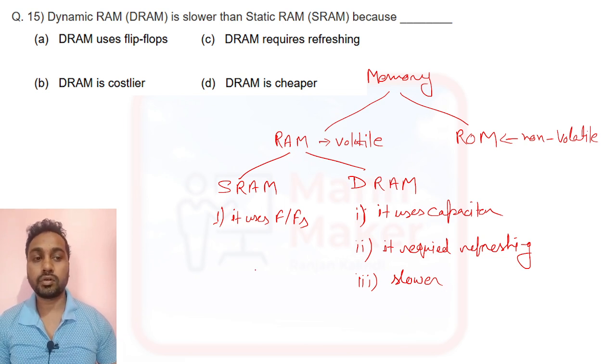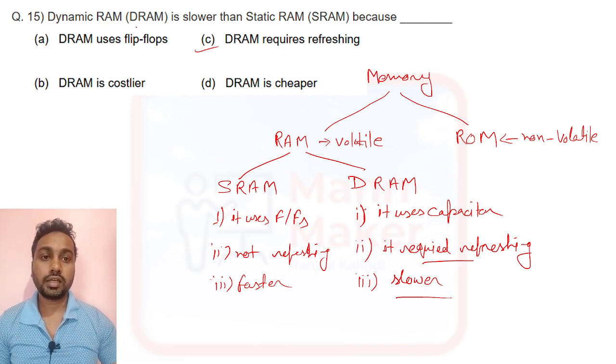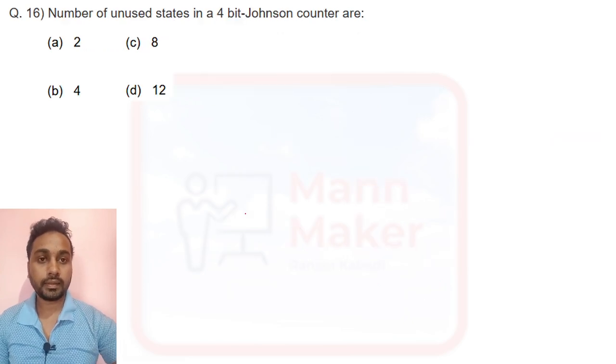And here, SRAM does not require refreshing because it uses flip-flops. That's why it is not required refreshing, and that's why it is faster. Just remember this thing. DRAM requires refreshing. That's why it is slower than SRAM. Okay, this is your answer.